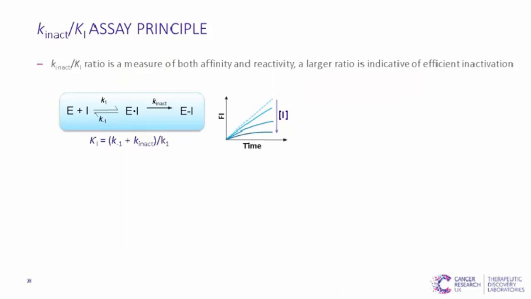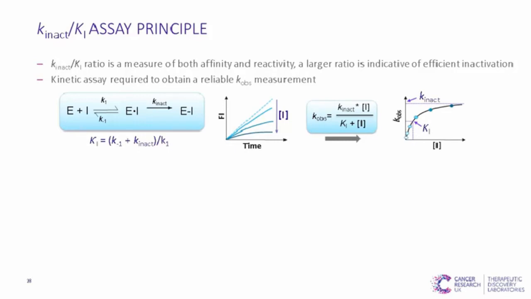The k-inact/Ki assay is another mechanistic assay that can be used to determine the kinetic characteristics of covalent compounds. So this is a reminder of the mechanism that we looked at earlier. From the curvature of the plots, we can extract a k-obs, and we then plot this k-obs against the inhibitor concentration, and from this plot we can extract the k-inact and the Ki.